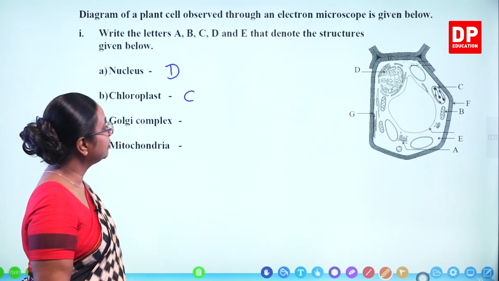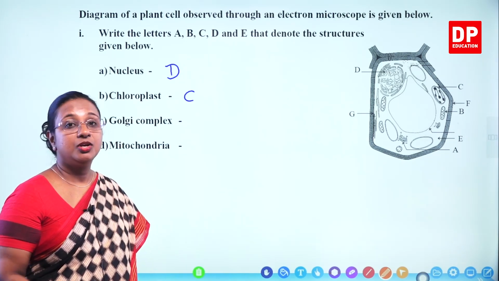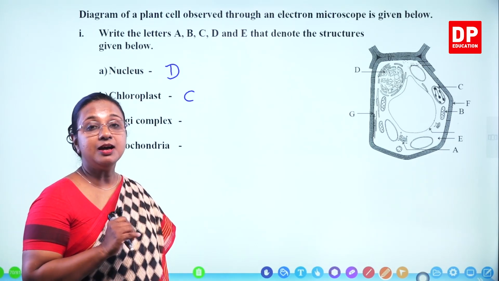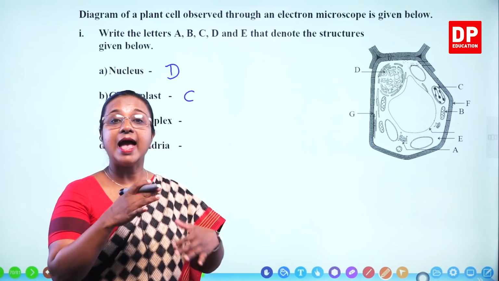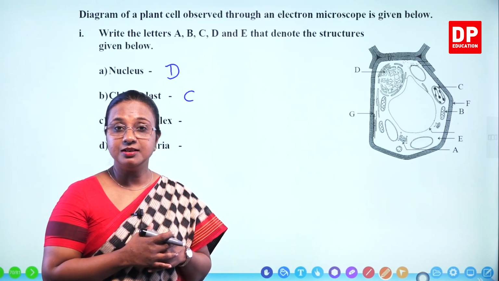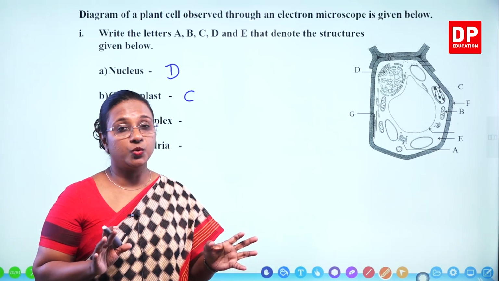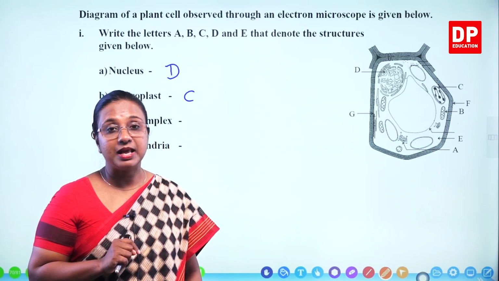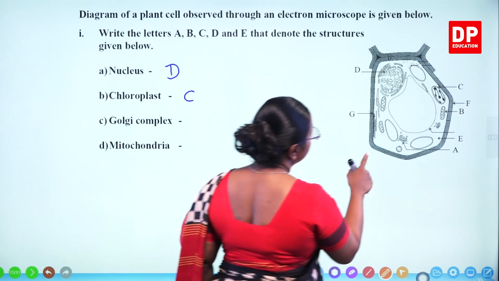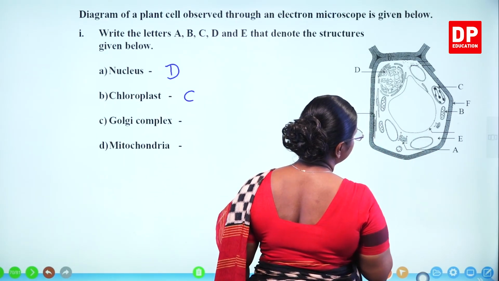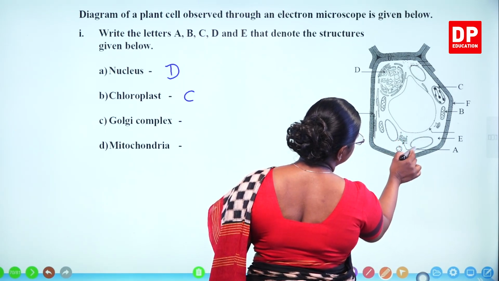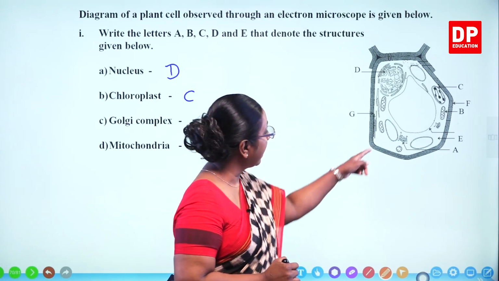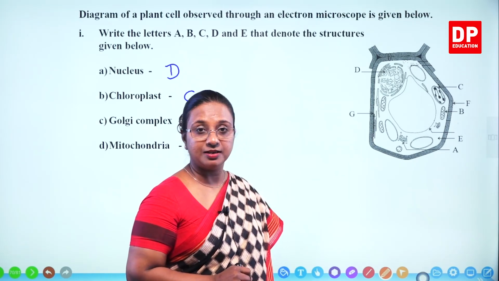Then we have the third one, Golgi complex. You are very familiar with this structure. These are membrane-bound sacs arranged one on top of each other. Is that all? No. There are many vesicles around the membrane-bound structure. So here try to find a structure like that. You can see structure A, the membrane-bound sacs and the vesicles around it.